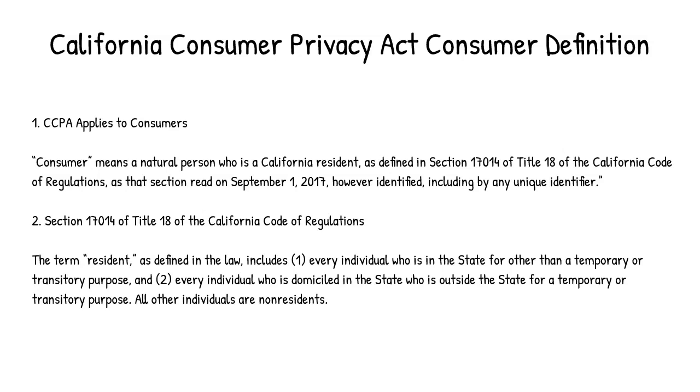You get two requests from people who live in California. Well, you have to comply with those. You then get a request from somebody in New York. Do you have to comply? And the technical legal answer is no, because again, the consumer definition is a person who is a California resident. Since the person in New York is not a California resident, technically you can tell them to pound sand.